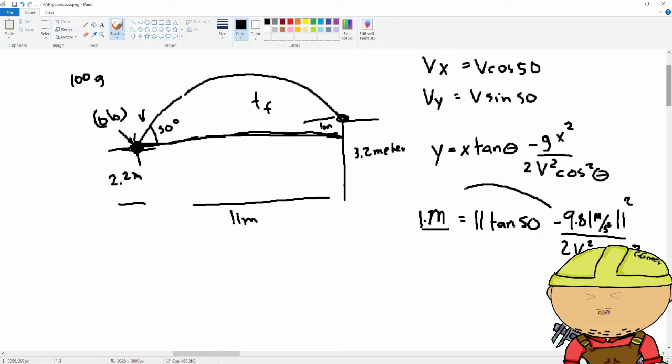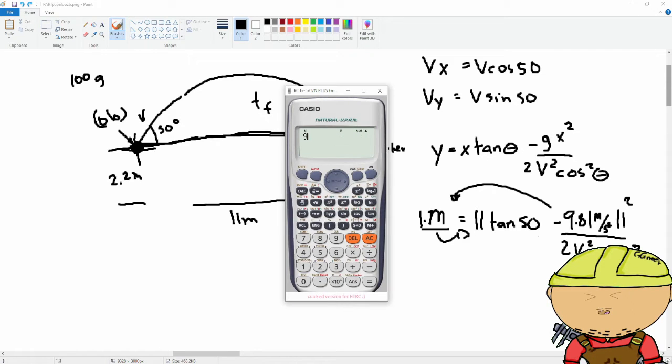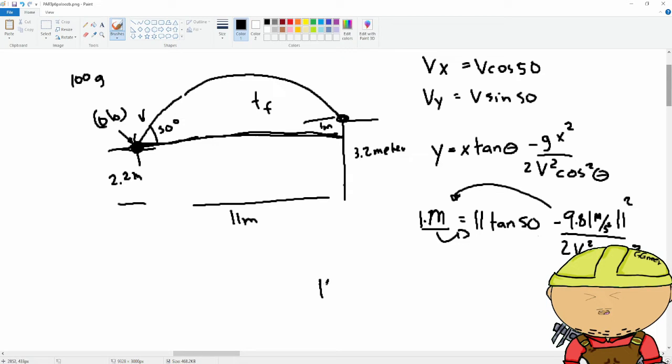I'm gonna move this to the right. Simplify: 9.81 times 11 times 11 divided by 2 divided by cosine 50 squared is 1436.4463 over v squared.